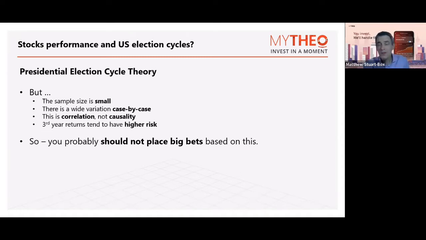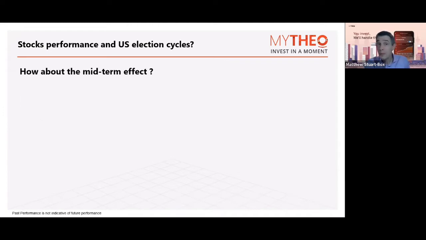If we look more specifically at the midterms, there's obviously been a lot of research also done on this kind of midterm effect. How does the stock market perform in and around the midterms? And obviously, these elections happen halfway through the presidential cycle. And as you mentioned, Rosh, these are elections for the House of Representatives and the Senate.